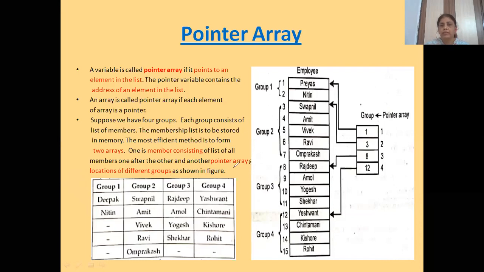So group 3 is starting from location 8. So it is starting from this Rajde. Here it is this and here it is this. And then group 4. Okay? Group 4 is starting from location 12. So with the help of this pointer array, it is very easy to keep track of all the groups which are there in only one array.